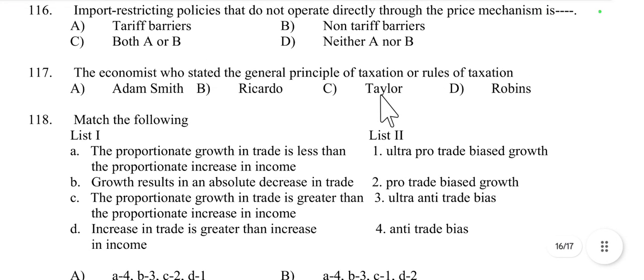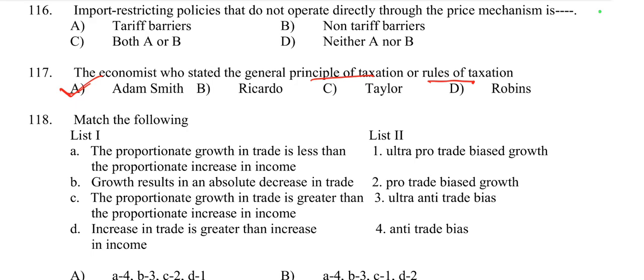So the general principle of taxation, or we can say canon of taxation or rules of taxation, was given by Adam Smith. Adam Smith is known for his work, The Wealth of Nations, where he outlined the general principles of taxation. This is often referred to as the canon of taxation.